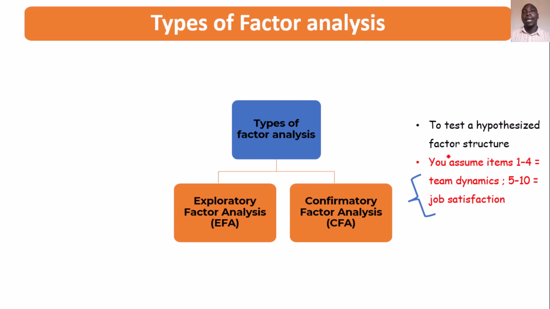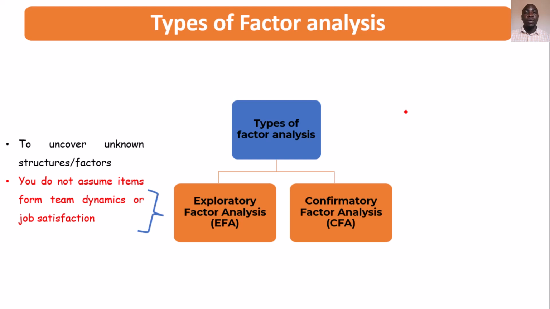We've collected our data on our population. We want to see if we analyze, do we really get these 2 constructs, the one for team dynamics and job satisfaction? So we have a hypothesis that we are testing: is question 1 to 4 related to each other and can be grouped into a factor? How about question 5 to 10? Can they be grouped together into job satisfaction? So there is a hypothesis we are testing under confirmatory factor analysis.